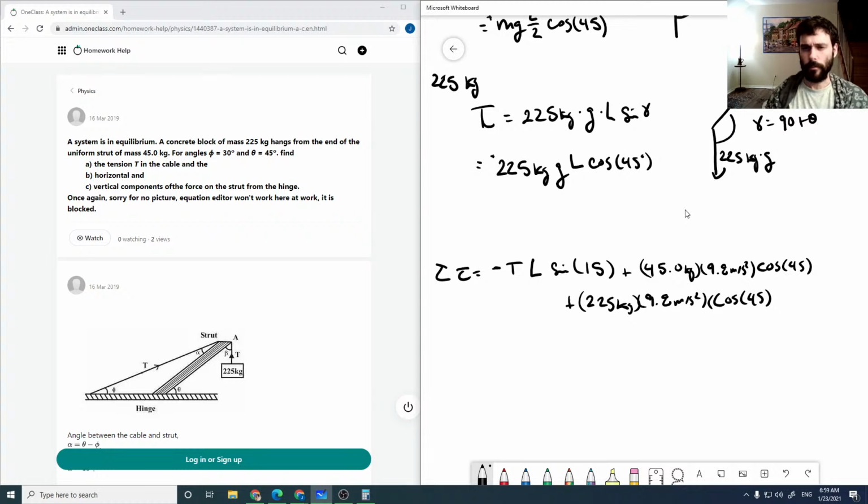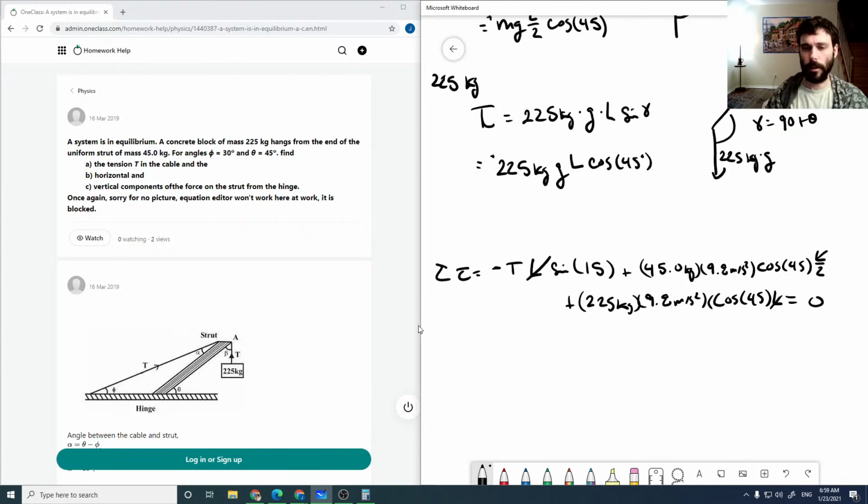And this all equals 0, so we can rearrange this for the tension. Sorry, I should have had an L over 2 there and an L here. We can see we can cancel our L's.